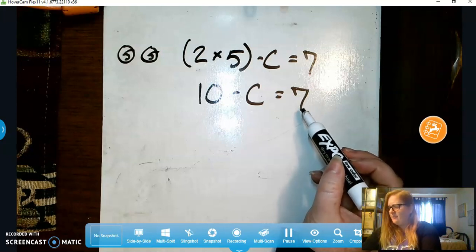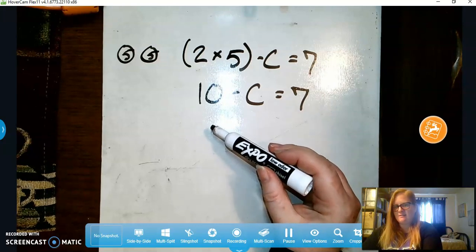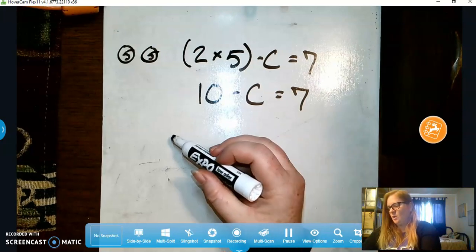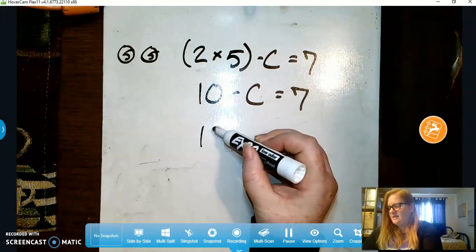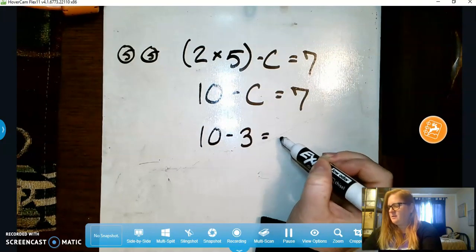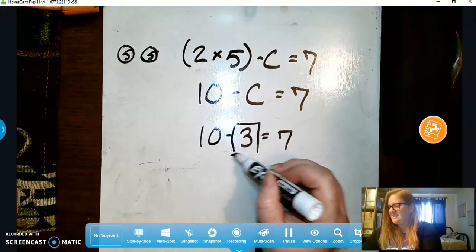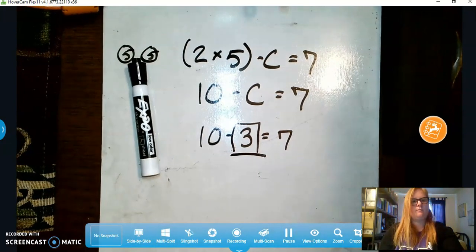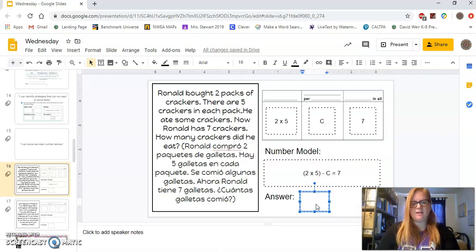Or I could count up by going, how many do I need from 7 to get to 10? And that's how many I ate. Okay? Or you could draw it out, whichever way you want to do it. But I know that 10 minus 3 equals 7. So C, how many crackers did he eat, is going to be 3. So my answer is 3 crackers.